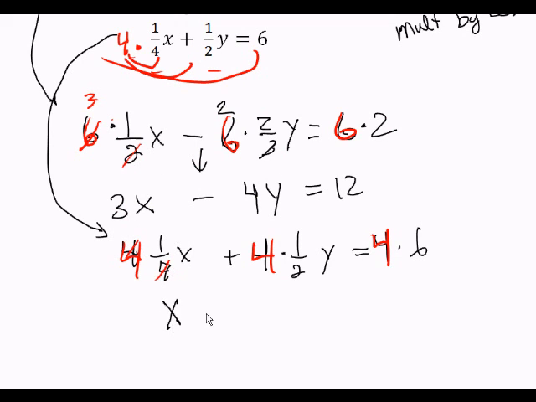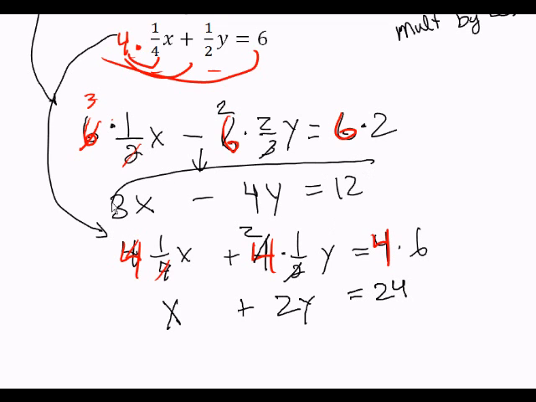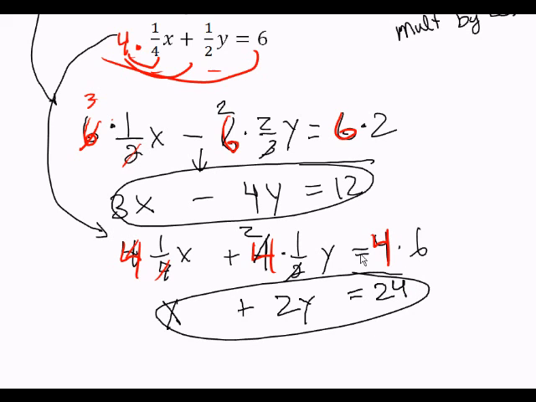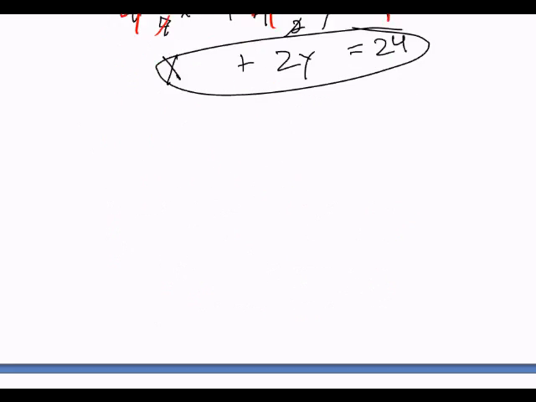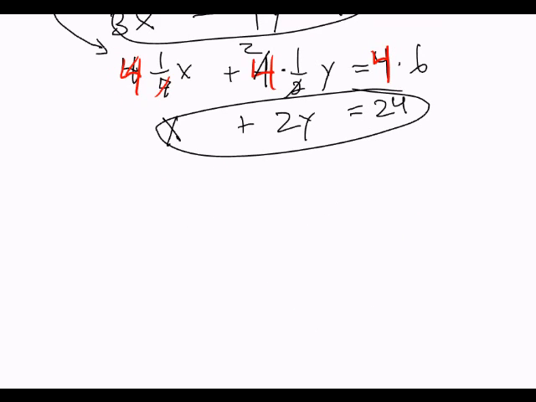That's how we clear the fractions. Now the 4's here cancel, and I'm just left with 1x, or x. 2 goes into 4 2 times. I'm left with 2y, and then 4 times 6 is 24. So here are my two equations.